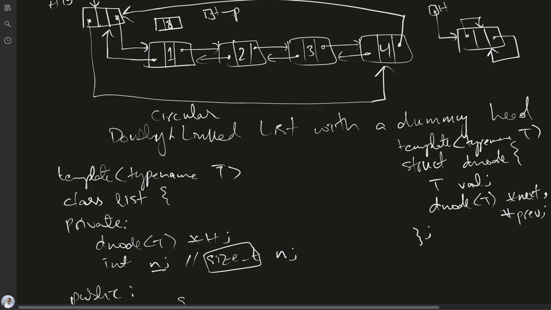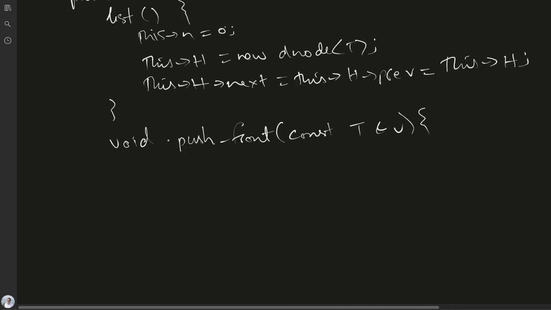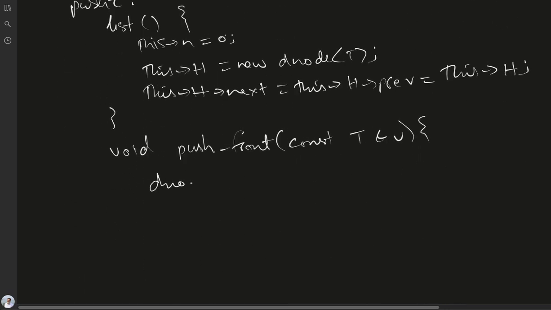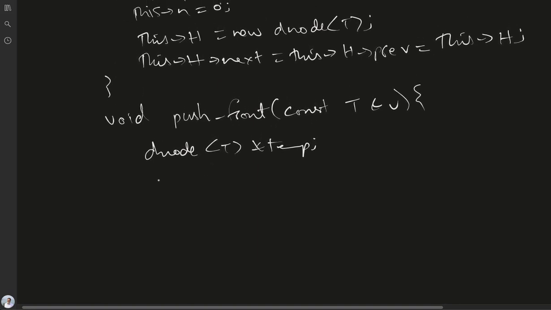So we allocate memory for a node in a temporary pointer. So we take a temporary pointer, and then we allocate memory in it. So memory is allocated and its address is stored in the temporary pointer.